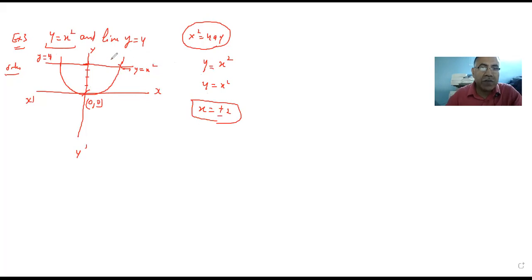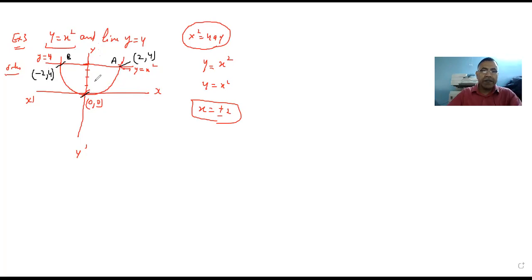So if I will go with the point A here, let it be A, the value of x is 2 because it is towards the positive side and the value of y is 4. And if I'll go with this, then the value of x is minus 2 and the value of y is 4. And this is 0 and 0.